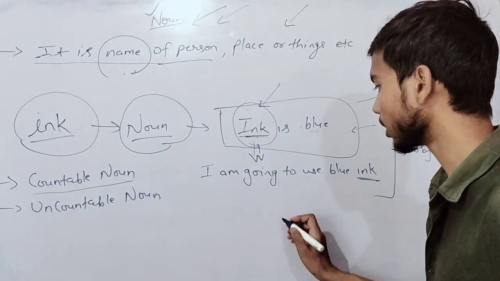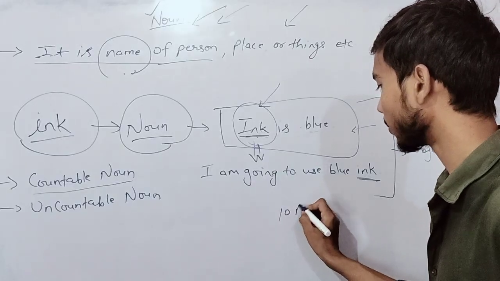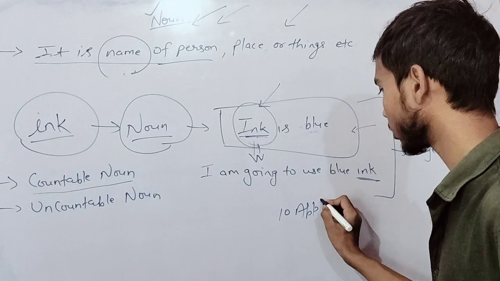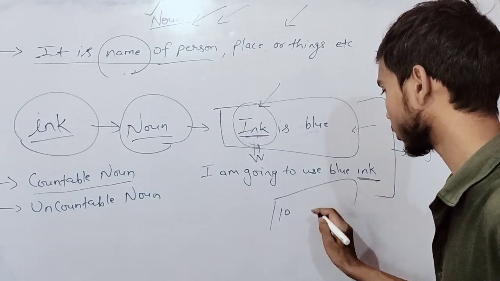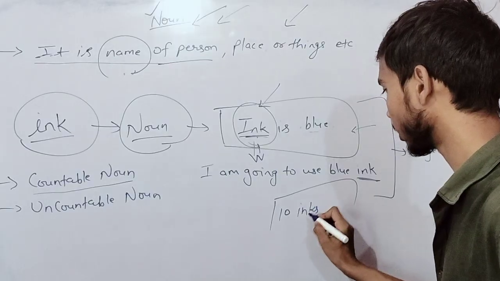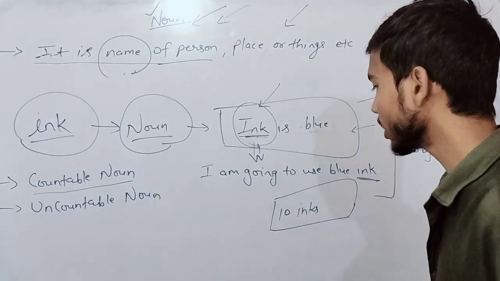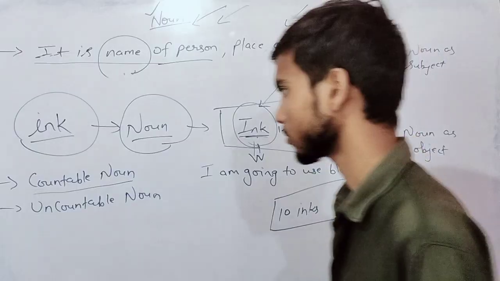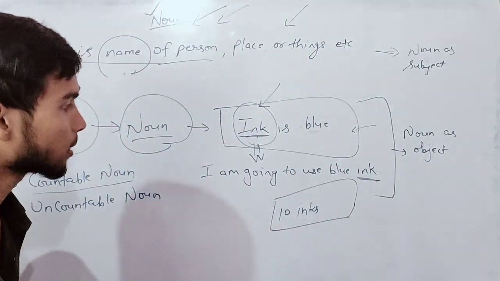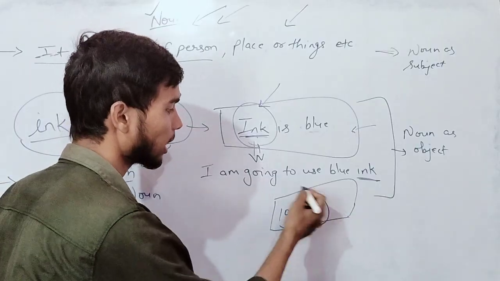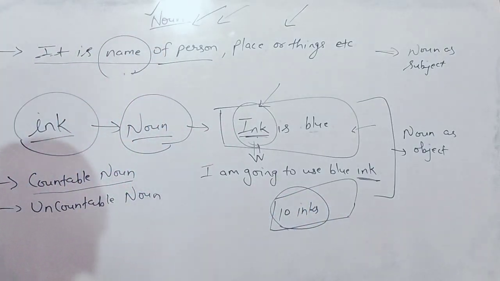For example, 10 apples, okay. Otherwise you can say 10 inks. What is happening here? 10 inks. Here you would say this 10 inks together is countable.